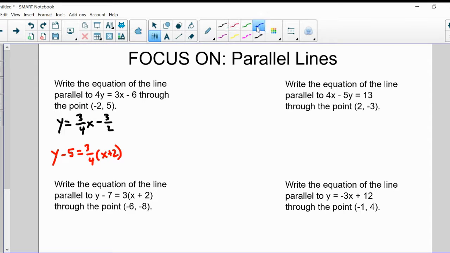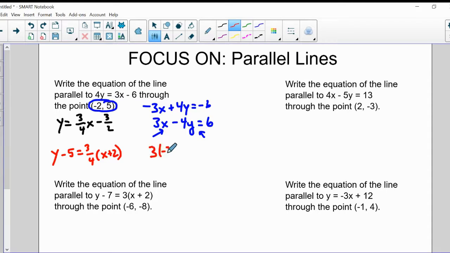I can also use the method that I just learned with standard form. So I can take this and rewrite it in standard form, negative 3x plus 4y equals negative 6, or do a little bit of manipulating to get the x positive: 3x minus 4y equals positive 6. Then all I have to do is take this point and plug it in for x and y, and whatever the new number is, that's my answer.